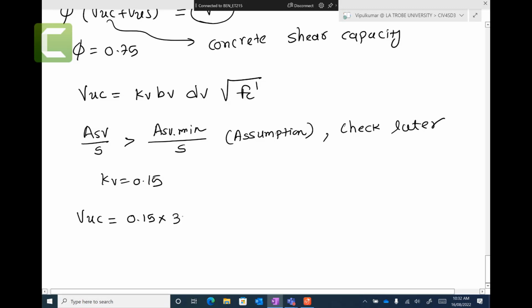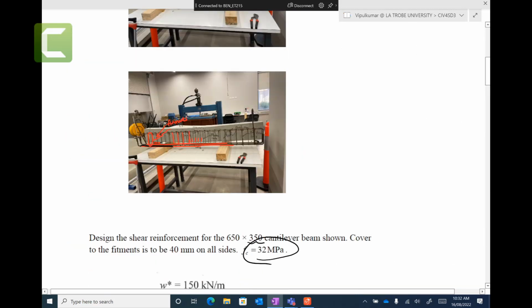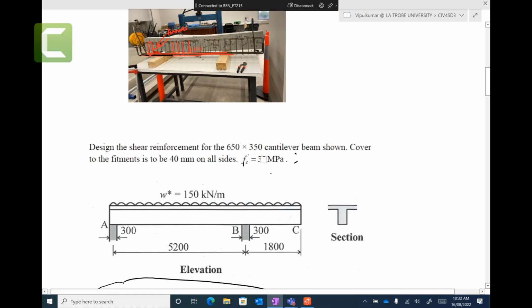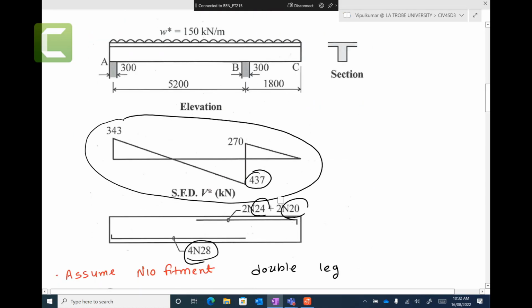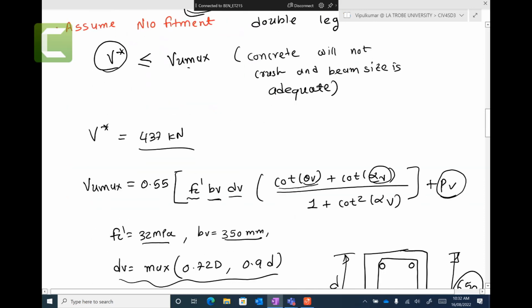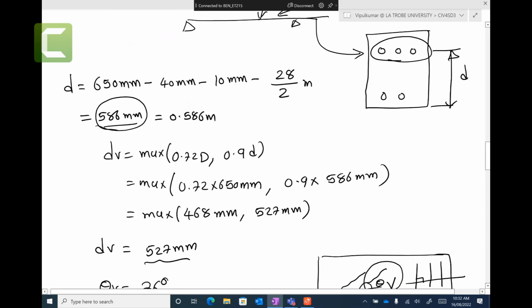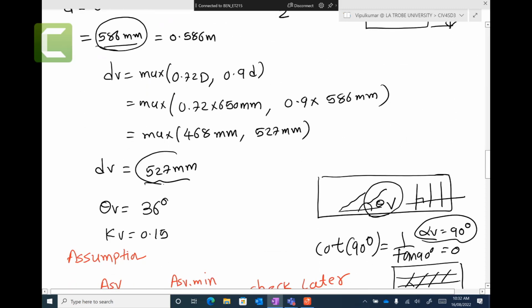KV 0.15, dV 350 millimeters given in our questions. I can show it to you here again. dV is 350 and dV, we calculated dV was here 586 millimeters. dV here 527 millimeters.